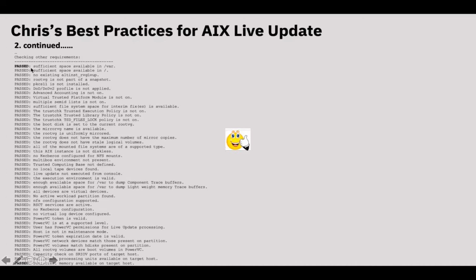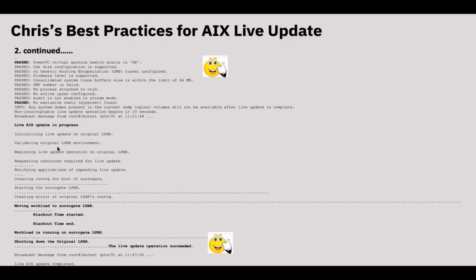So if I see passed all the way down the bottom here, then I know that we are in good shape and live update is not going to fail. And again, we get all the way to the bottom here, they've all passed, and then we kick off the actual live update process. So at this point, we're still running on the original VM. We haven't moved workload across. None of that has actually taken place yet.